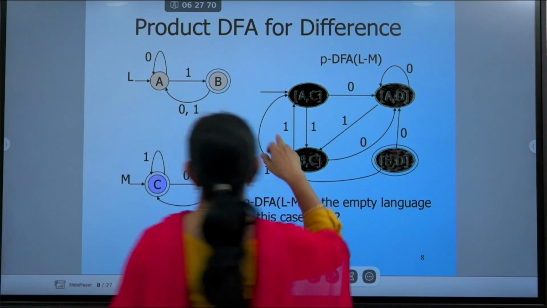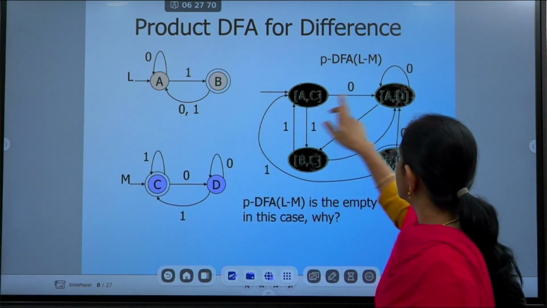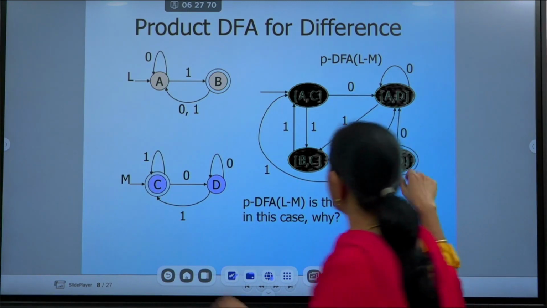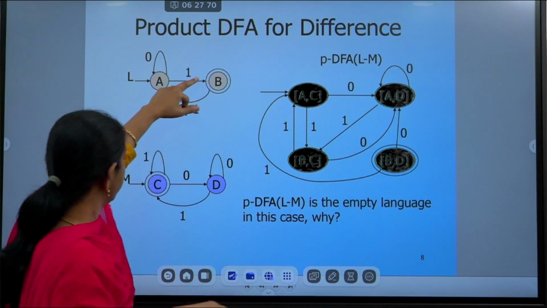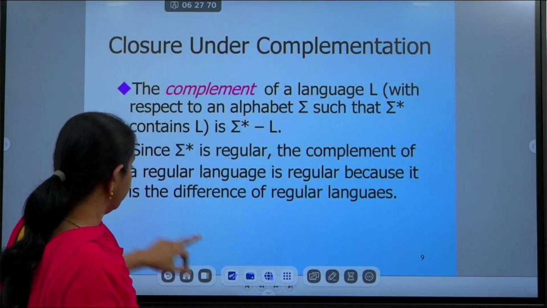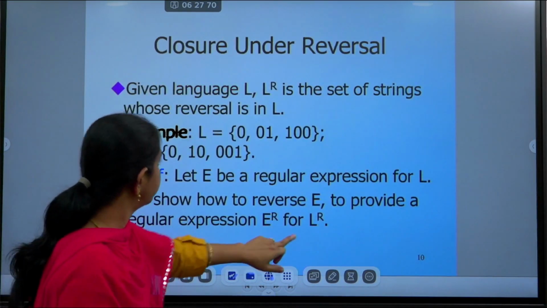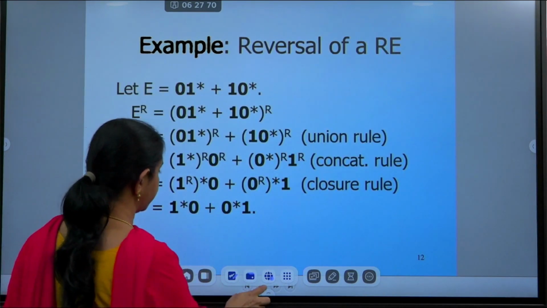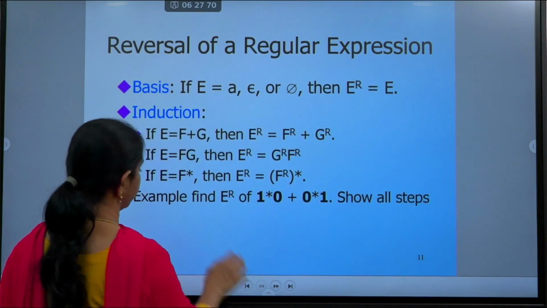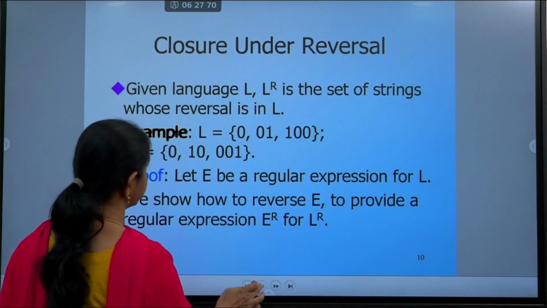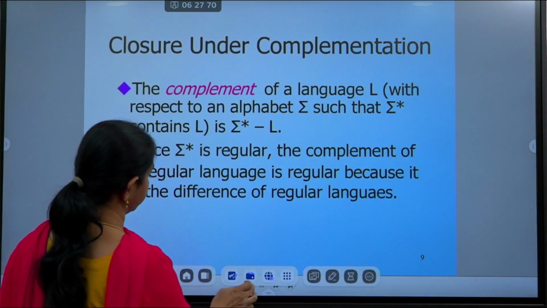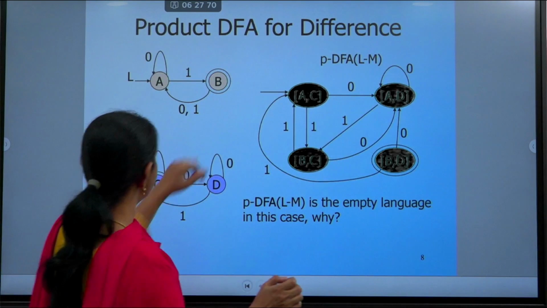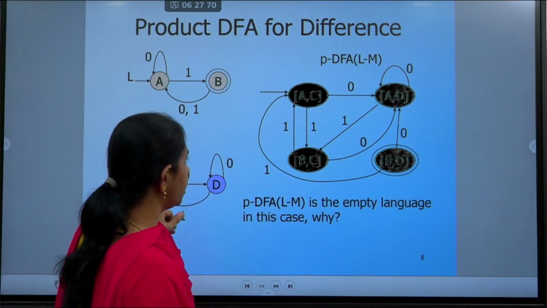The same thing we have to check once. On A it is going to 0, and we are making it the final state, because whenever we are doing this, B is the final state here. B is the final state here and C is the final state here.